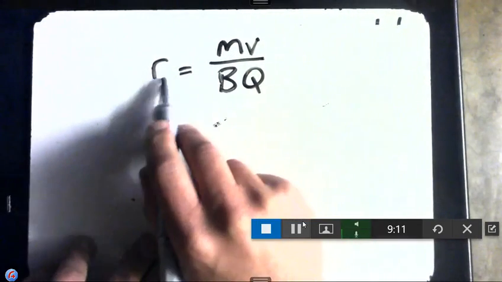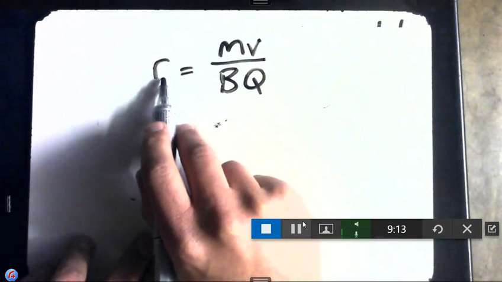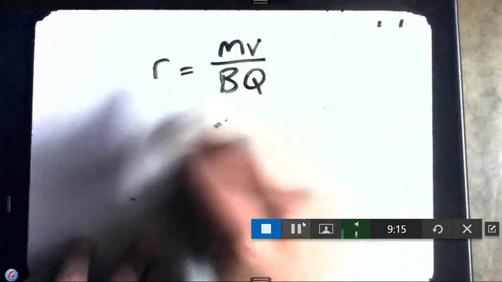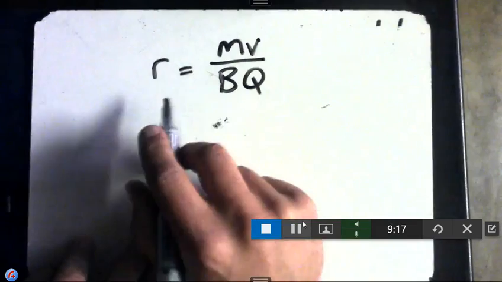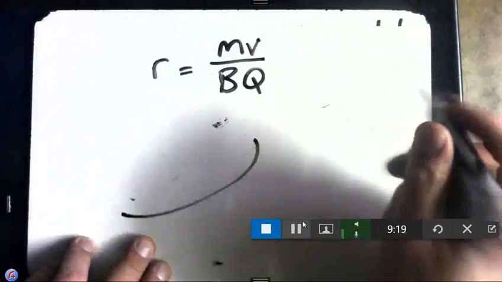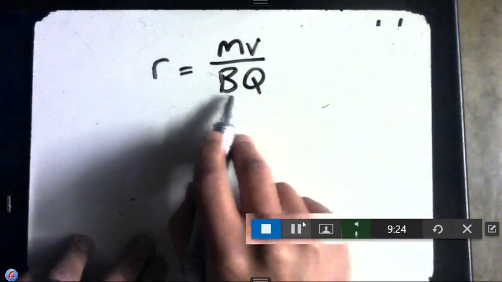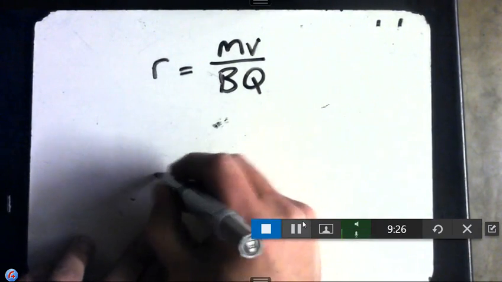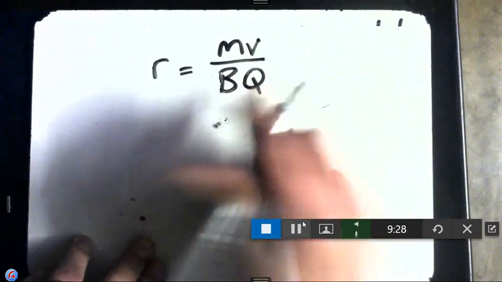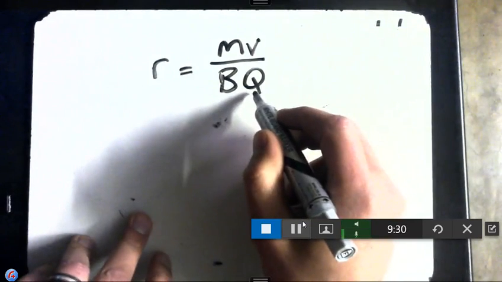The heavier the object, the bigger the radius would be. The faster the object, the bigger the radius would be, so a bigger circle or a longer curve. The stronger the magnetic field is, the shorter the radius would be, so the quicker it turns, and the bigger the charge of the particle is.